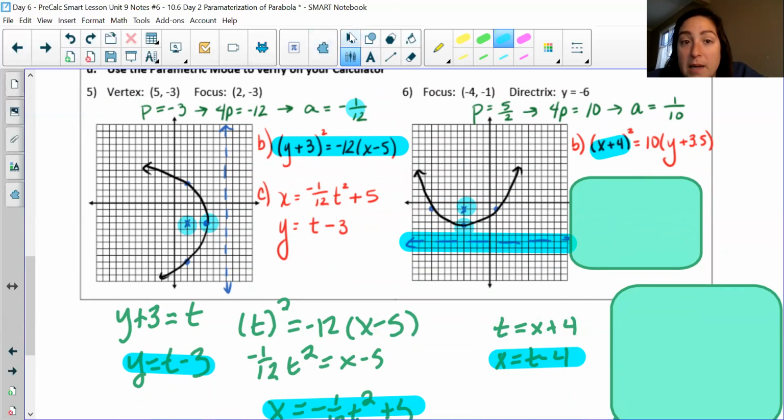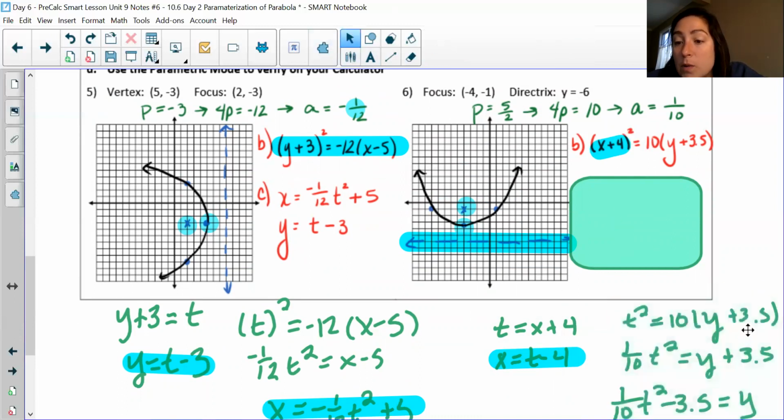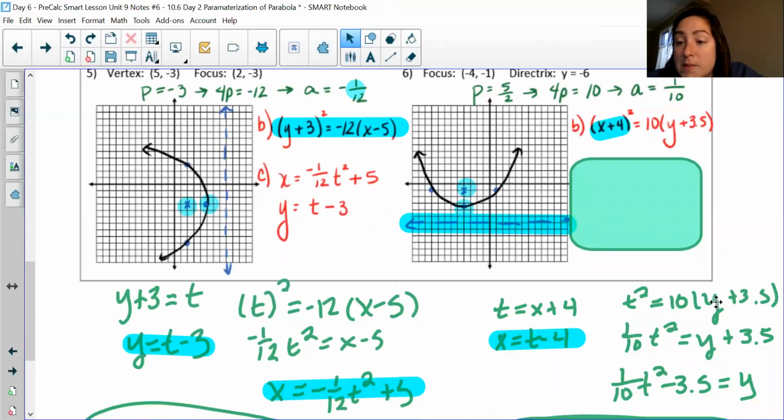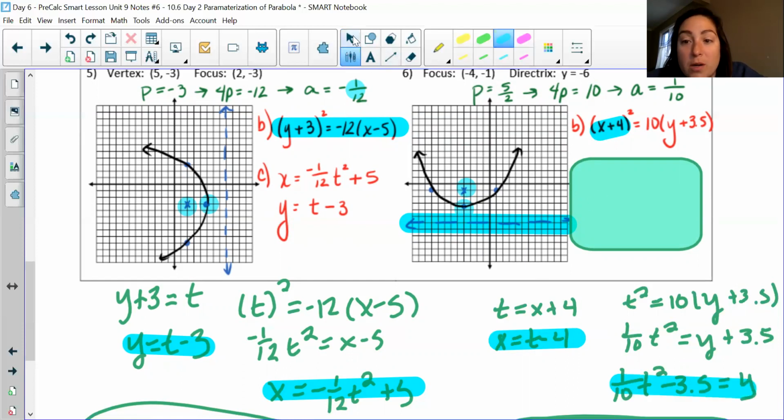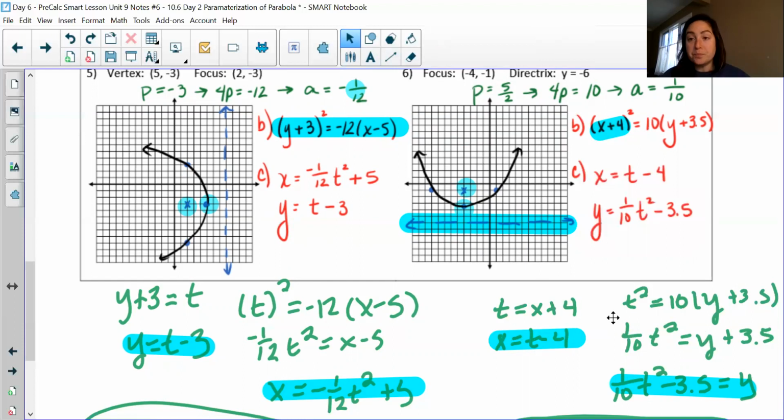So we end up getting t squared equals 10 times the quantity y plus 3.5. Divide by 10, we get 1/10 t squared equals y plus 3.5, subtract 3.5, and we get y equals 1/10 t squared minus 3.5. So there's our x equation, there's our y equation, we put it all together, and there's our parametric equation.